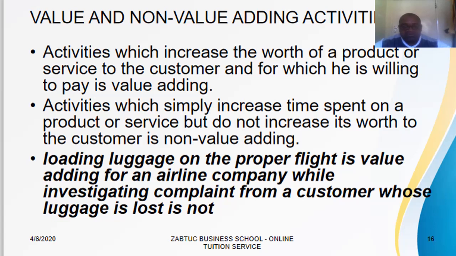Activities which increase the worth of a product or service to the customer and for which he is willing to pay are value adding. So whatever you are doing, you tell your customers what we did. Will they be willing to pay for it, or will they take it like it's your problem? It's your management failure? It's your process failure?